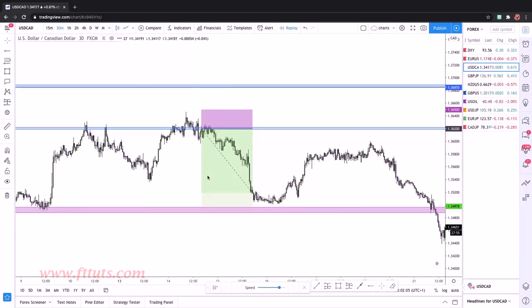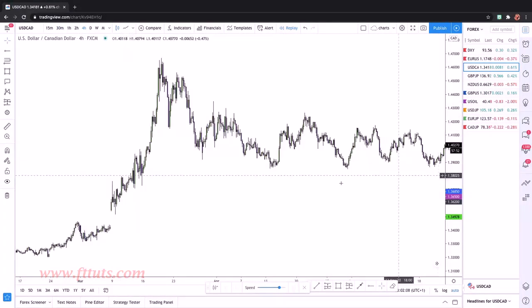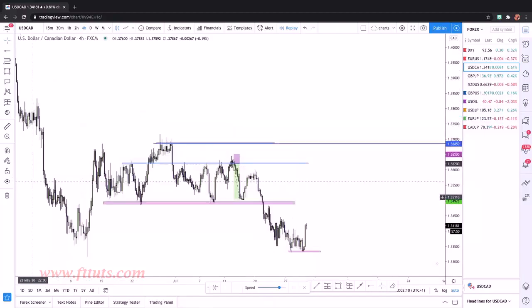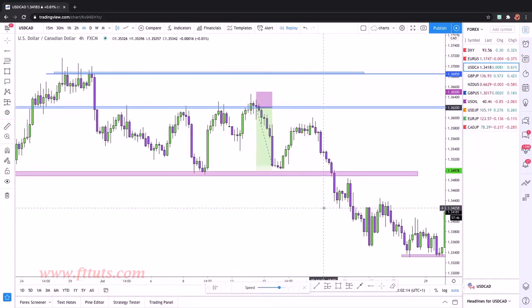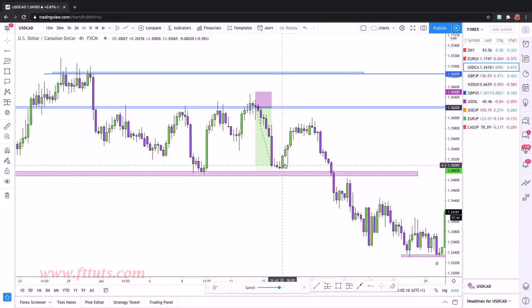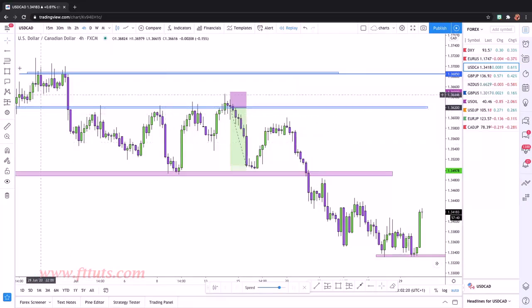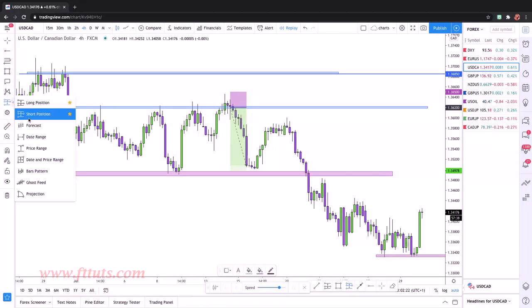Okay, so looking at the 4-hour, what ended up happening is it came down, then came up for a correction, and then rejected again. So you can also take an entry at that pullback.